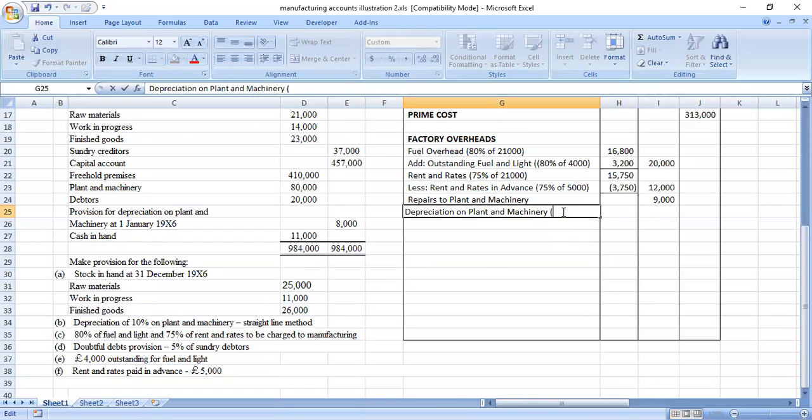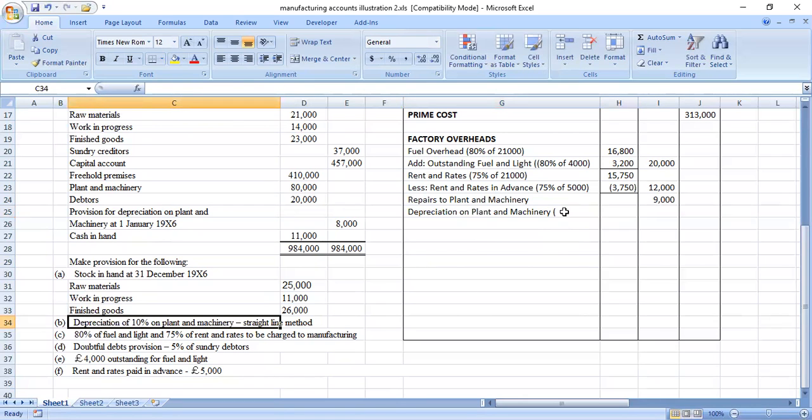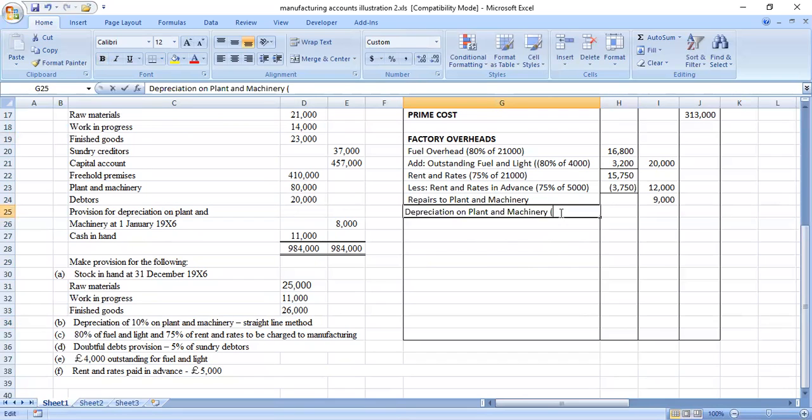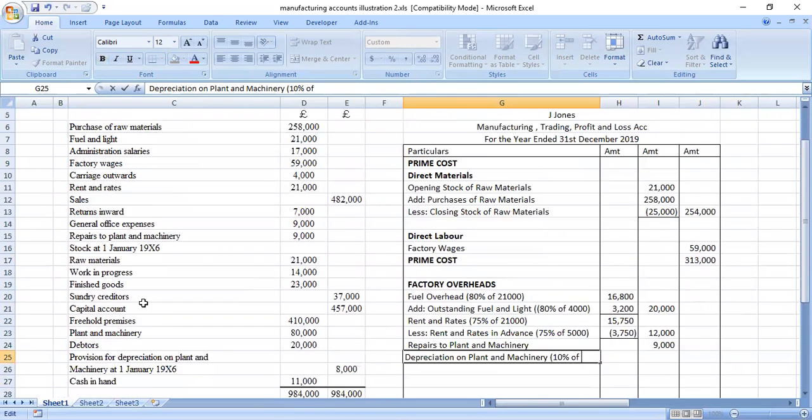Straight line method, we said it charges a constant amount of depreciation. So it comes to the same amount throughout, sindio? Yes. So therefore the depreciation on straight line method from the beginning is supposed to be 10% of the original value of the plant and machinery, and the cost of plant and machinery is 80,000.